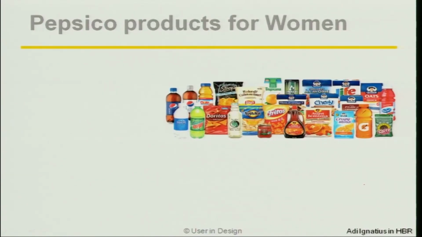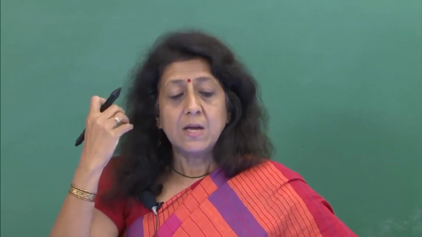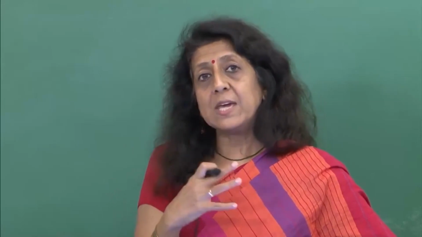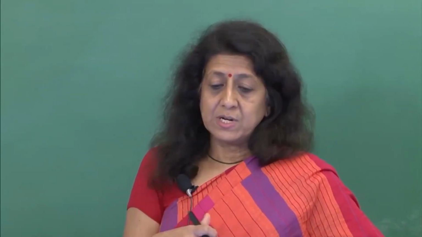Now I would like to bring you back to the PepsiCo example that I gave you earlier, that they are one of the leading companies really forging ahead in the area of bringing innovation and people centricity into their organization.